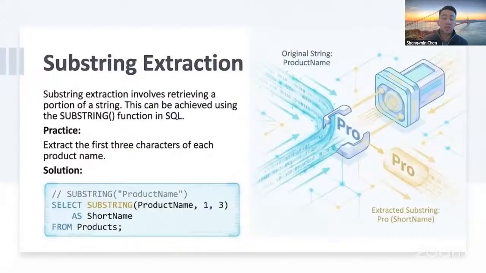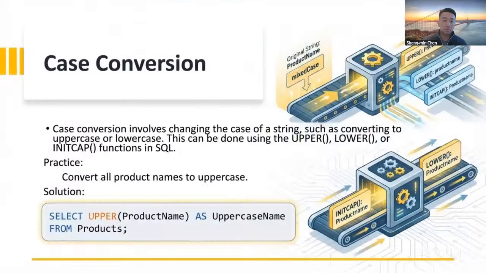Substring is getting specific subparts of your text, your varchar data type. You can define where you want to start and end. All right, now uppercase, lowercase, you will use upper, lower, okay? Or initcap, meaning the first letter being capital, right?